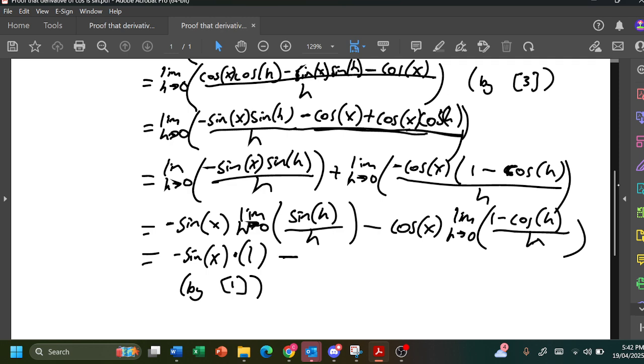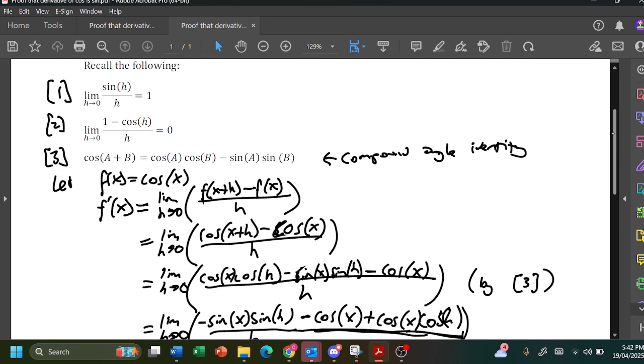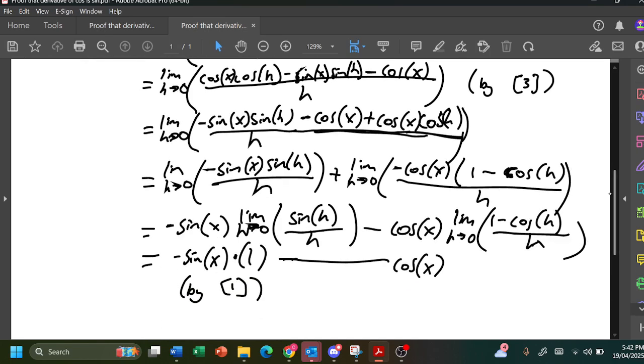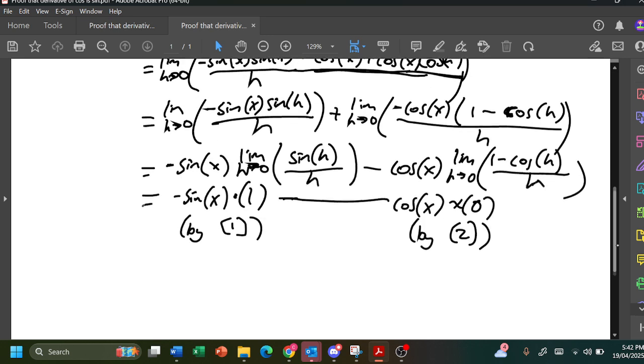And finally, we have that's equal to, so we'll make a really large negative sign to keep everything above what we're working with. And this limit here, the limit as h goes to 0 of 1 minus cosine h over h, we can see up here that that's the same as 0. So that's multiplied by 0 by the second thing that we started out with here. And again, both of these limits were proved in the last video.